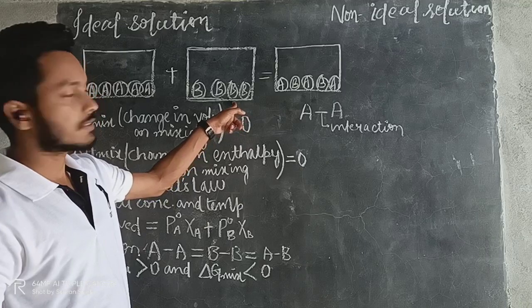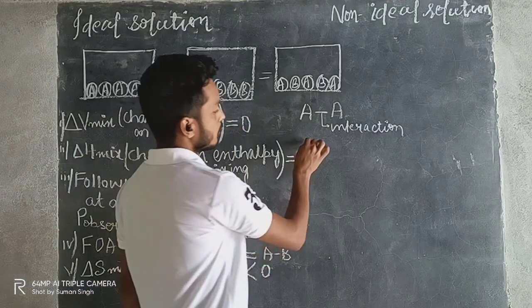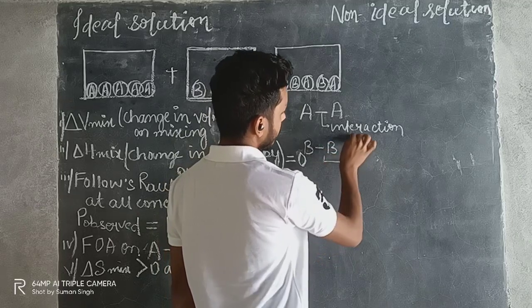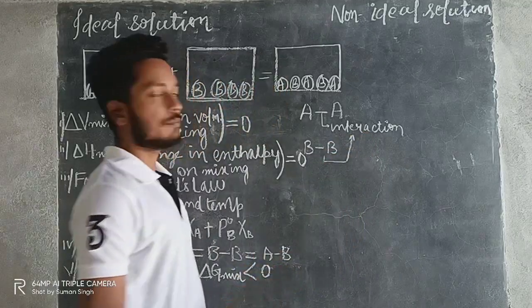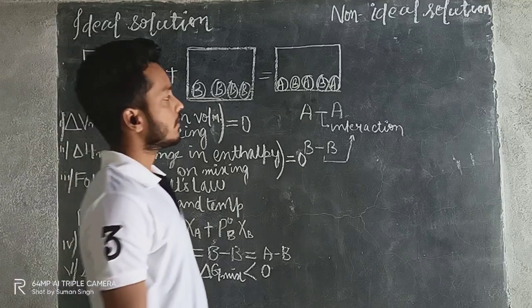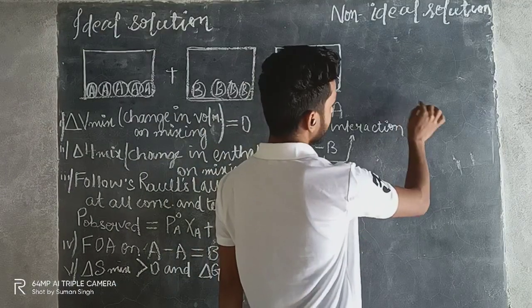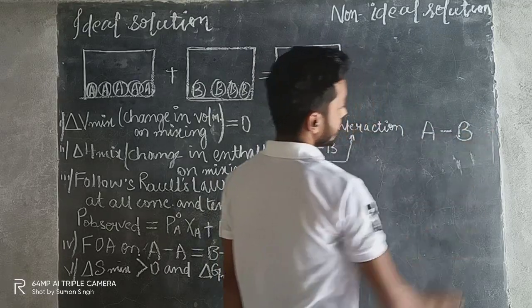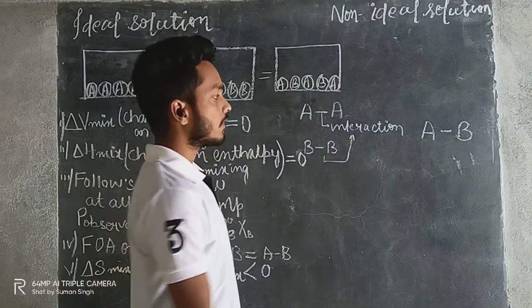When only B was there, there was some interaction between B and B also. Now we have mixed both A and B, and we have got a new term, AB. So again there is an interaction between A and B.